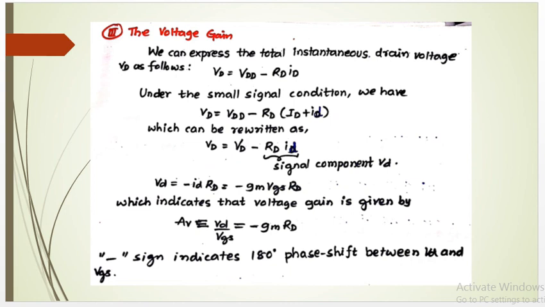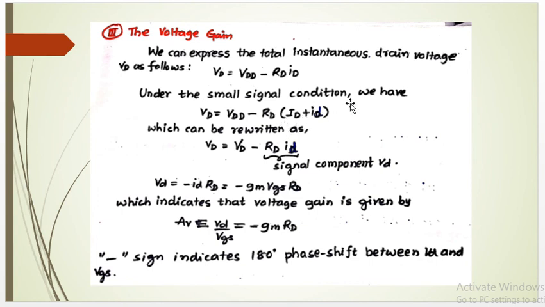The third term, voltage gain. We can express the total instantaneous drain voltage as follows. VD is given by VDD minus ID RD. So this is an instantaneous value, and the instantaneous value is given by a DC as well as an AC component, so capital ID plus lowercase ID.